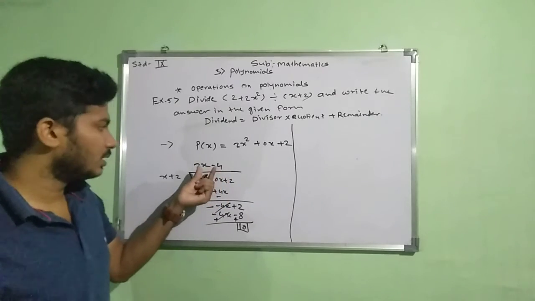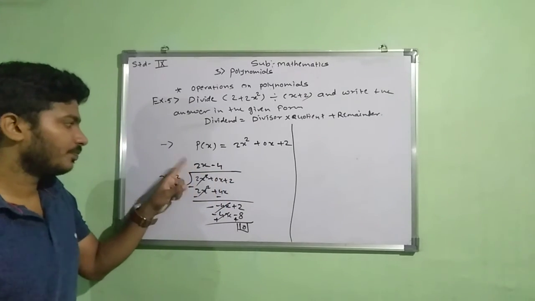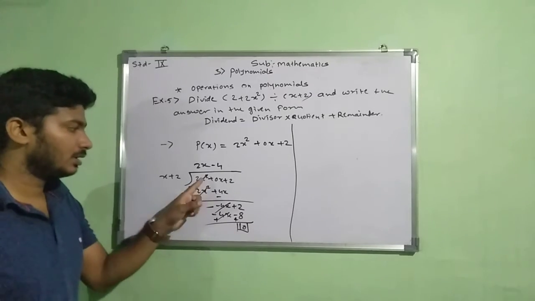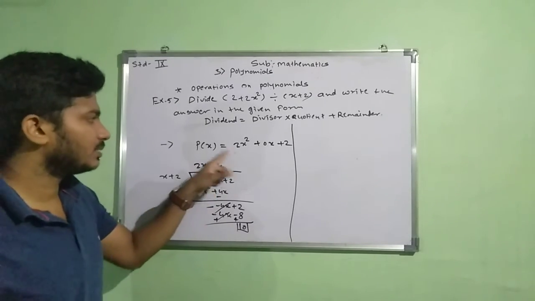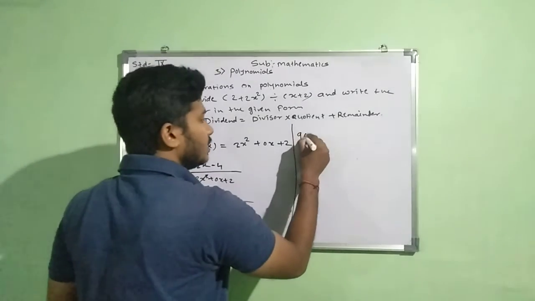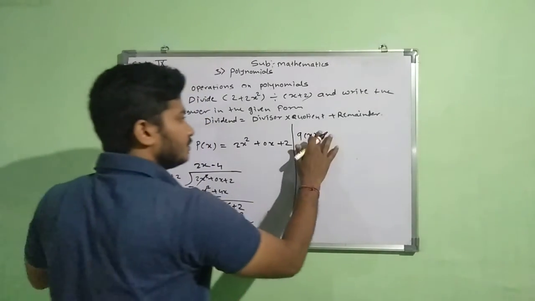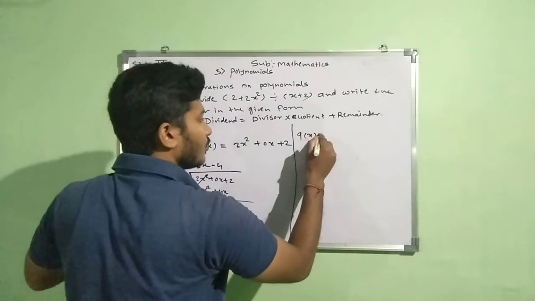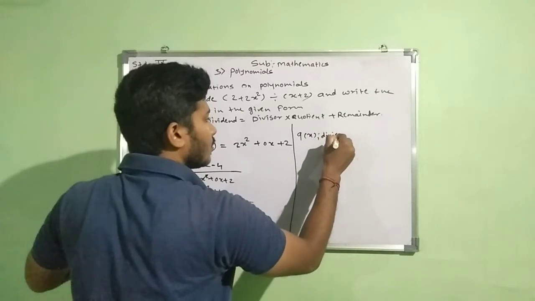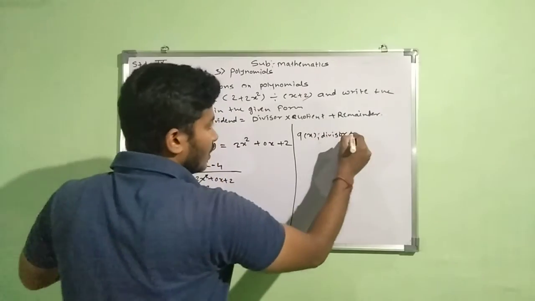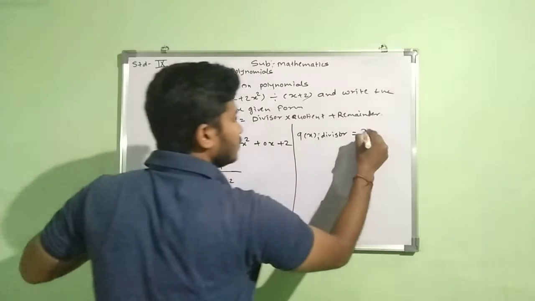So now we will give notation to the quotient, divisor and remainder. The dividend we have considered as p(x). Now we will consider q(x) as the divisor, and it will be x plus 2.